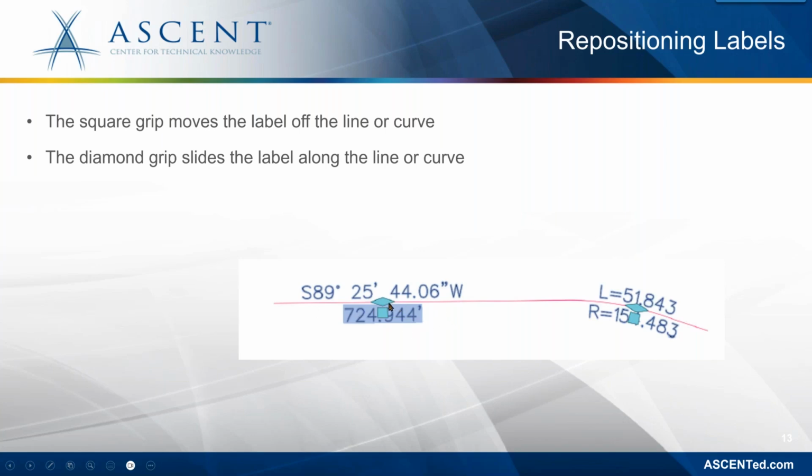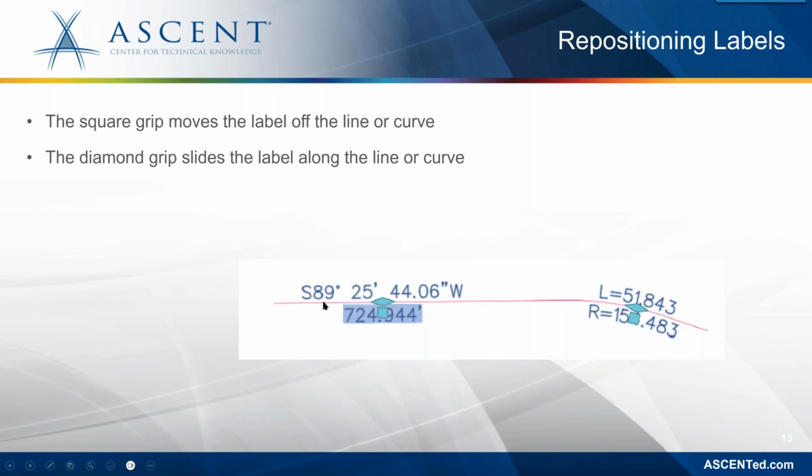And where we pick the object, that's going to be the default of the label. So it doesn't center it, it just puts it wherever I pick it on the object. Then when I select the label after the fact, I can flip the label so the bearing could be on top, the distance could be on the top and the bearing on the bottom.